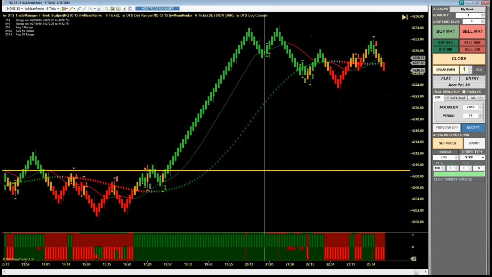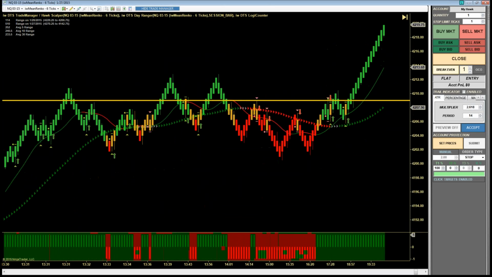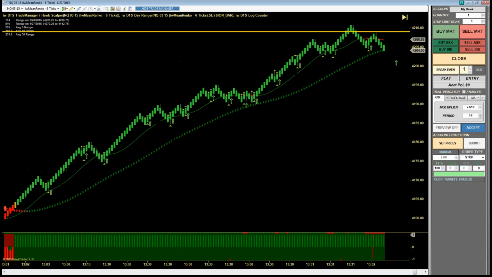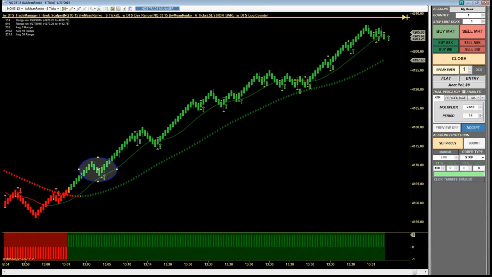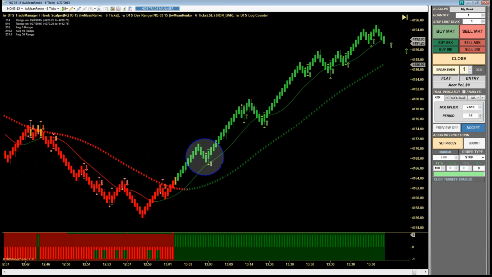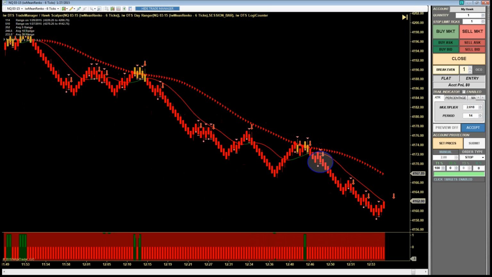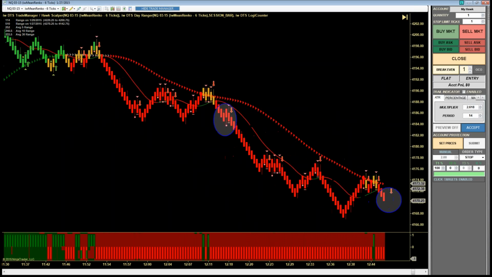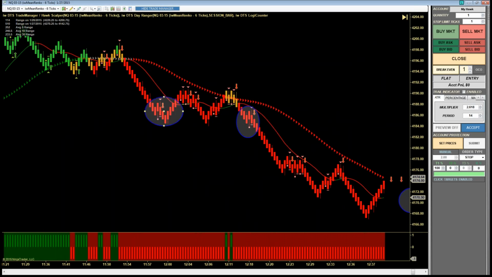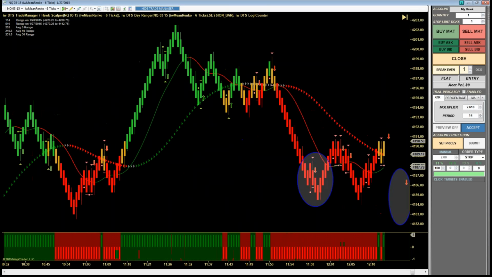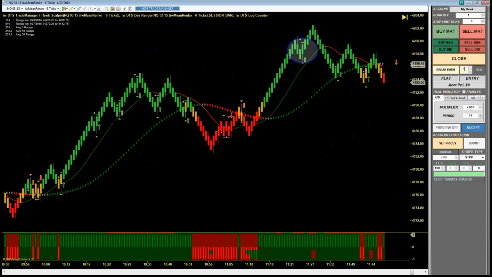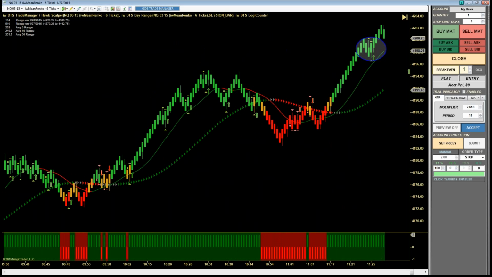And I could go through the chart and highlight all the first micro-macro cross signals and you could see for yourself how well they work. They almost always hit their high probability profit targets. These are all first micro-macro cross signals, and you can see how well they actually work.